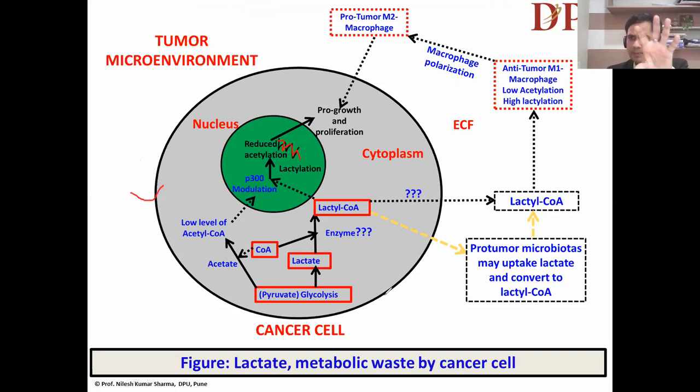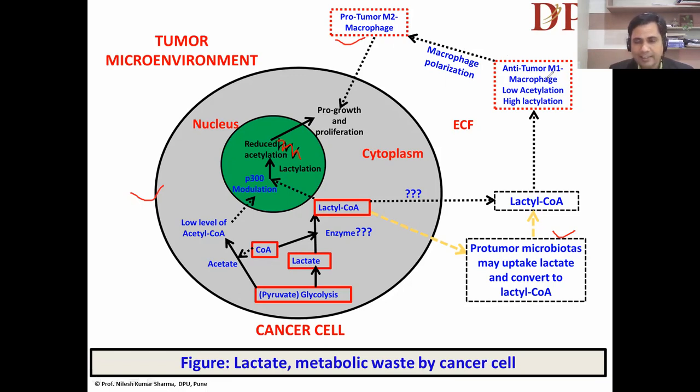In the tumor microenvironment, the microbiota is one of the components. And then the pro-tumor non-cancer cells can be in the form of macrophages, that is, immune cells. I will explain how lactate as a metabolic waste is proposed as a metabolic wealth for not only cancer cells but also non-cancer cells within the tumor microenvironment.